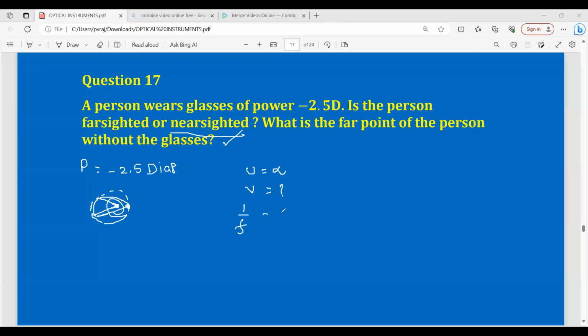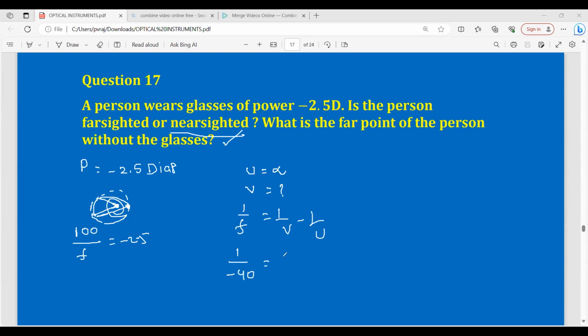What is the formula here for lens? 1/f equal to 1/v minus 1/u. 1/f means how much? This is power only, given, na? Power is nothing but 100 by f. 100 by f is -2.5. Then f is equal to -40.